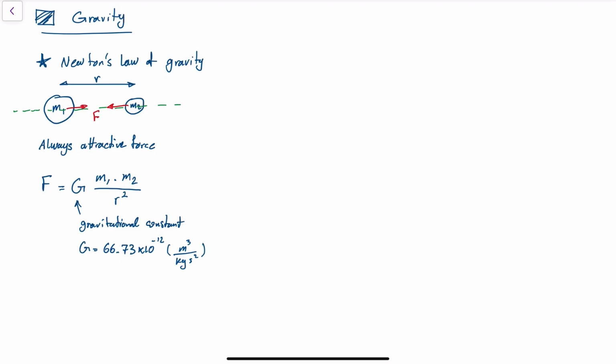Anyhow, long story short, gravity is an attractive force between two bodies that have masses. The force is related to the two masses, inversely related to the square of distance, with some constant of gravity. Gravity is a very weird force. I don't know, don't quote me on that, but it is still not fully resolved what gravity is.